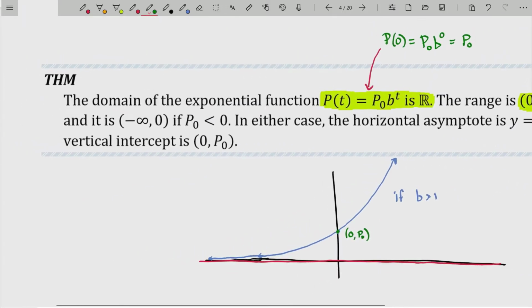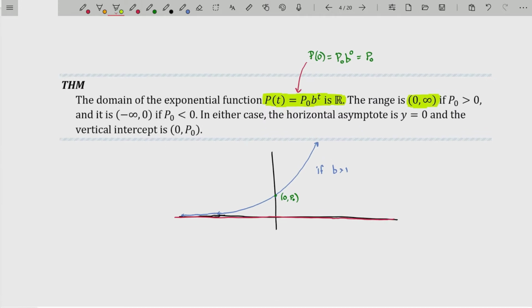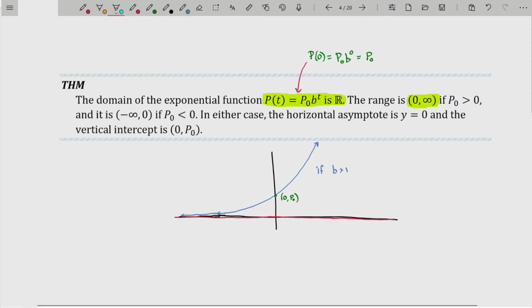There's a piece of this theorem that I didn't read, and let me highlight it in blue here. So the range is 0 to infinity if p naught is greater than 0. It's actually negative infinity to 0 if p naught is negative. That's a very rare case. I want to continually tell you that having a negative initial population is incredibly rare.